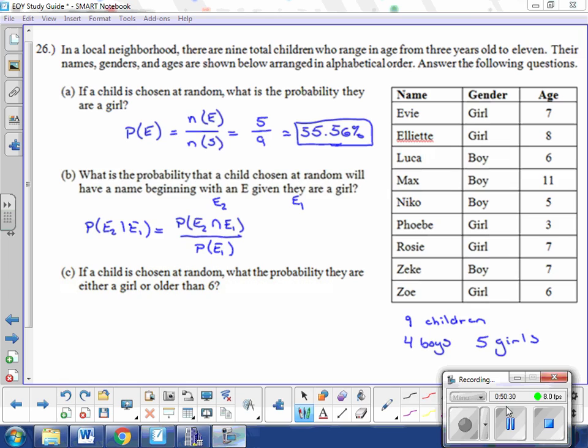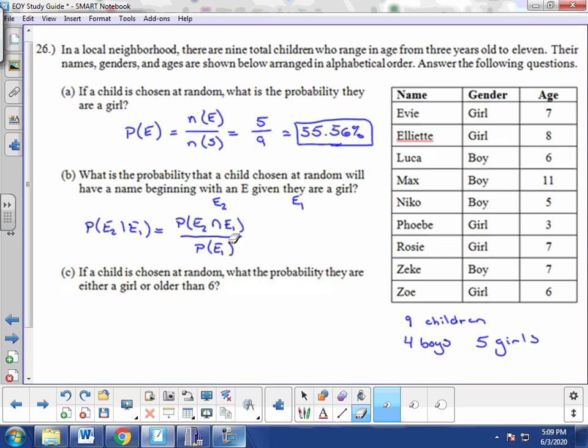So notice in the list, we already found the probability of event 1 occurring is 5 out of 9. The probability that event 2 and event 1 occur, so that we choose a girl and that girl has a name that starts with an E, are the 2 girls that have a name that starts with an E out of our 9 total individuals that we're choosing from.